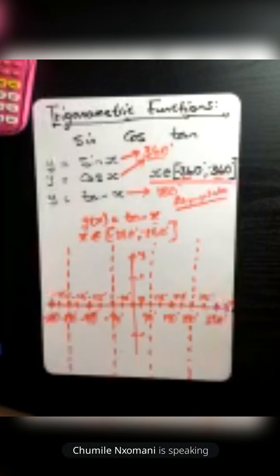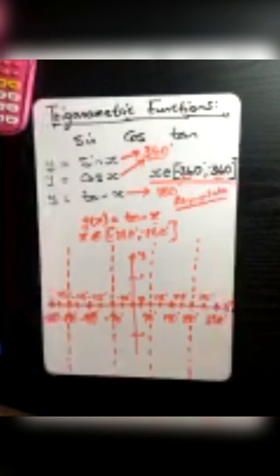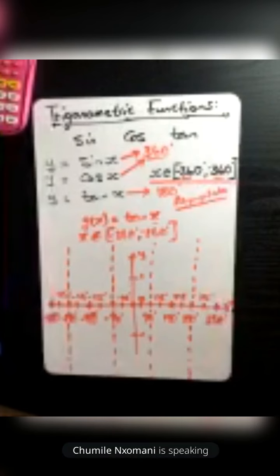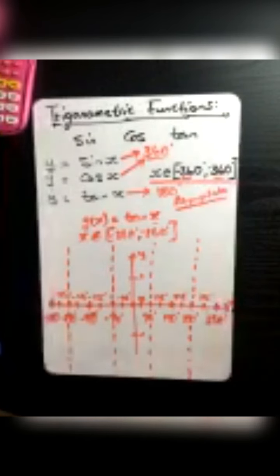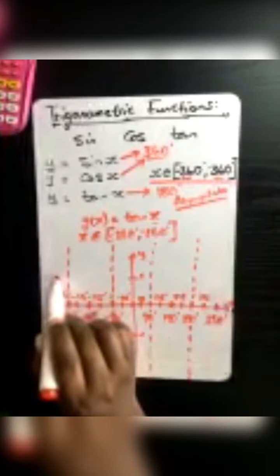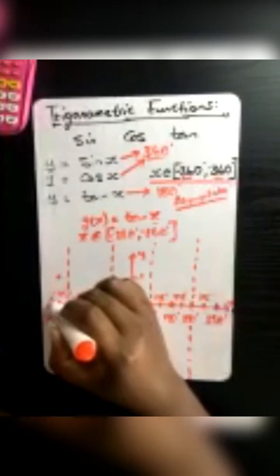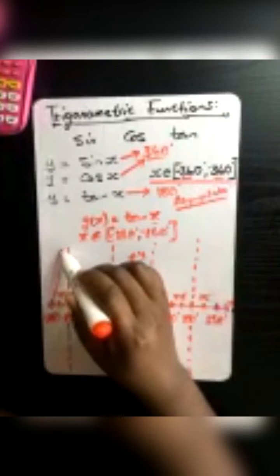Okay. So, what do you get when you punch tan negative 315? The tan of negative 315 is positive 1. It's positive 1. Then you put a dot there, which means this function goes like that.